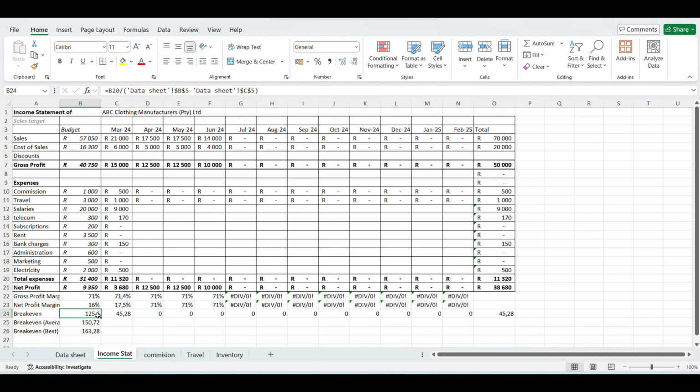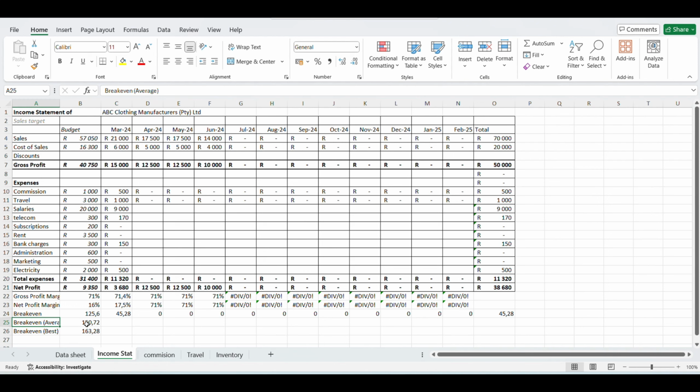And then in terms of feasibility, it looks at the break even being the worst case scenario. And then your average case scenario is where your break even is 150 dresses. That's 20%, that's the norm for net profit. And then your best would be 30%.